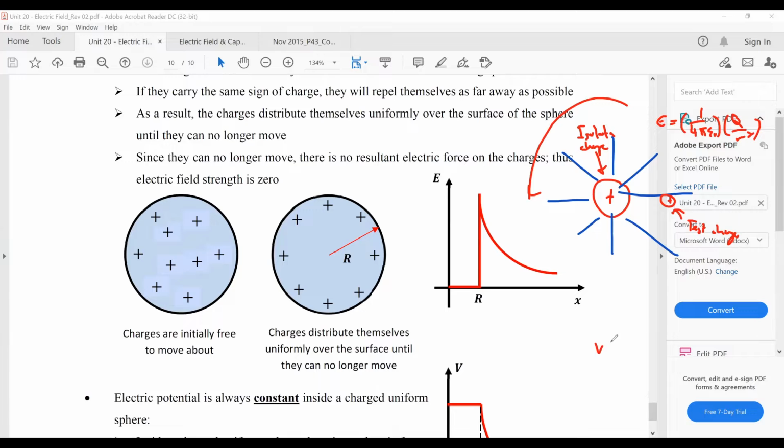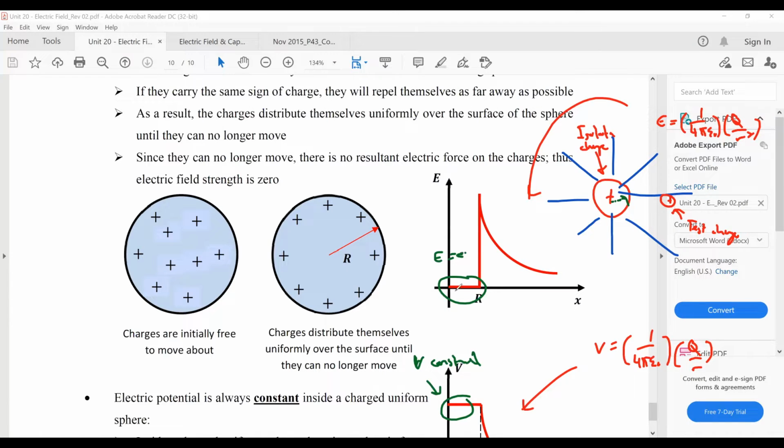You could also say that V is 1 over 4 pi epsilon naught, Q over r, which will then give you this graph. But the thing to always remember is that when you're talking about distances below the surface of a charge sphere, field strength will always be 0 and potential would always be constant. That is the main thing to understand here.